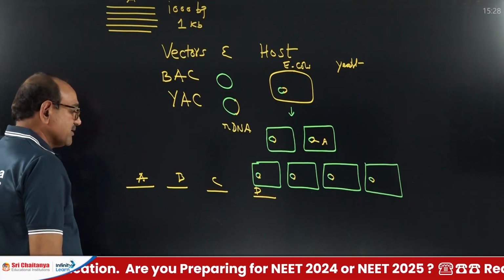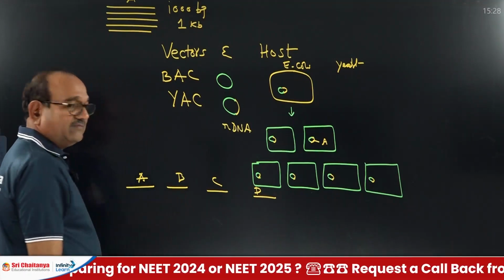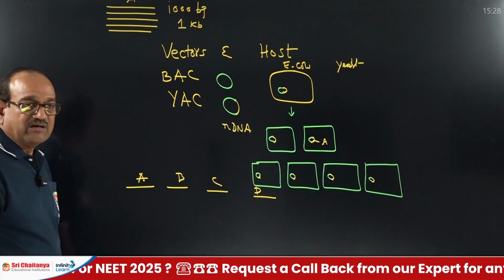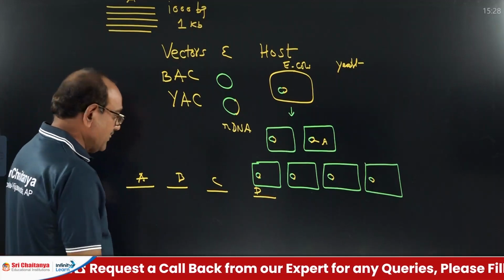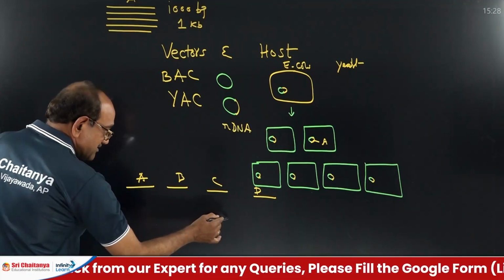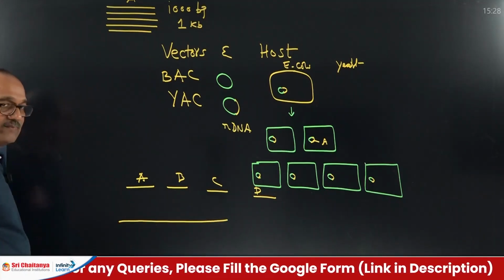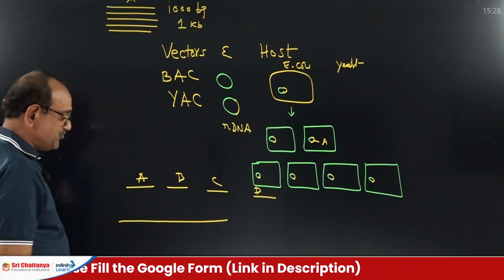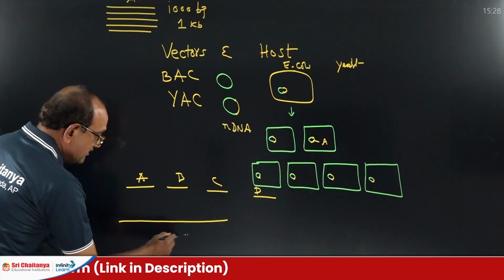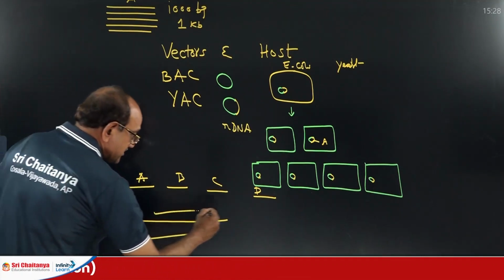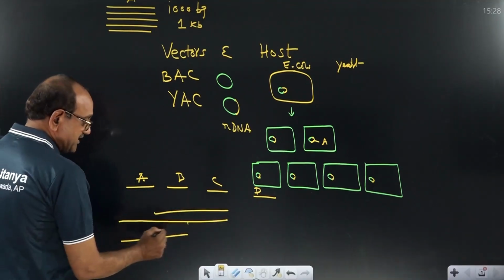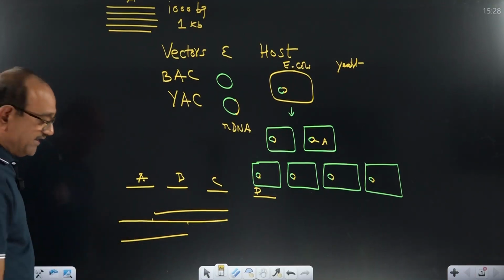Moreover, this arrangement of the fragments is based on the overlapping sequences. Overlapping sequence means, suppose this is the DNA. By using different restriction enzymes, we cut the same DNA molecule at two different sites. We will get two different DNA fragments.